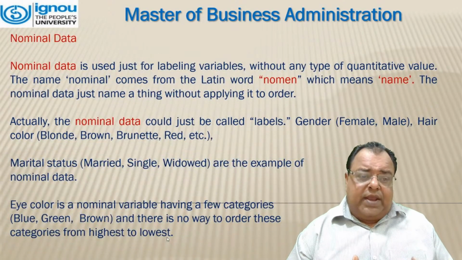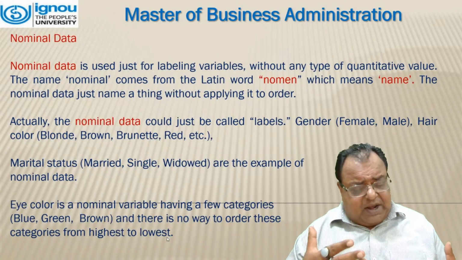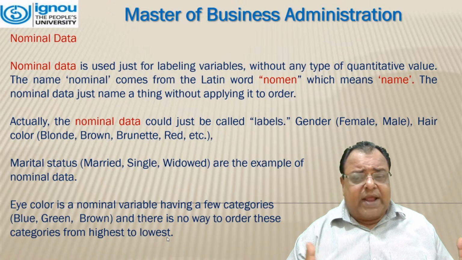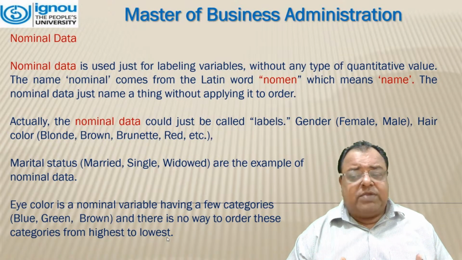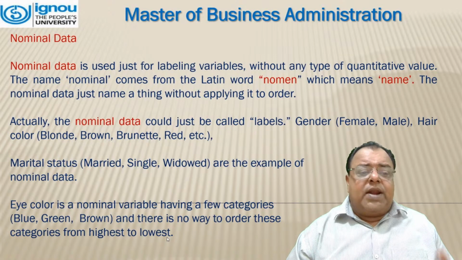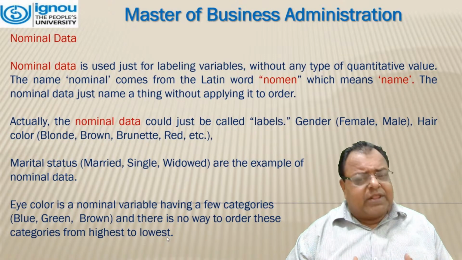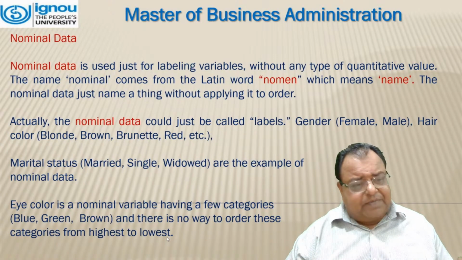Nominal data is used just for labeling variables without any type of quantitative value. The name nominal comes from the Latin word nomen, which means name. Nominal data just names a thing without applying any order.